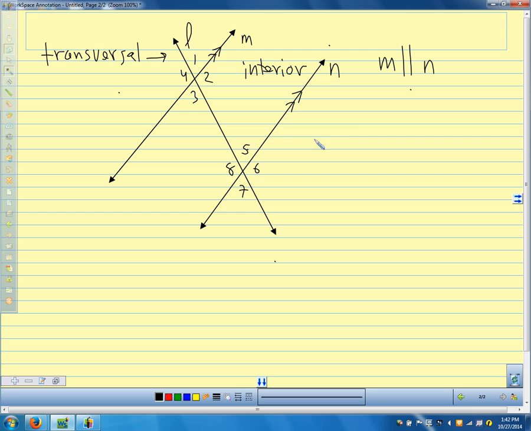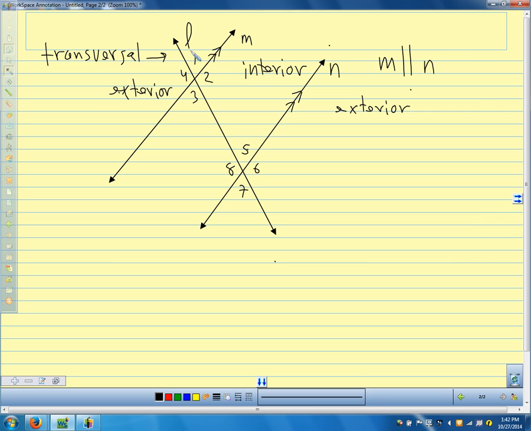And then outside the parallel lines is the exterior. So you should make sure you label those parts on your graphic organizer. Between the parallel lines is the interior, outside the parallel lines is the exterior. Line L is your transversal. All right, questions on that part?